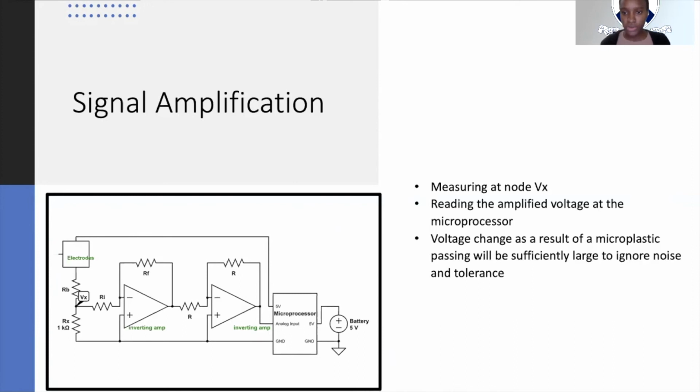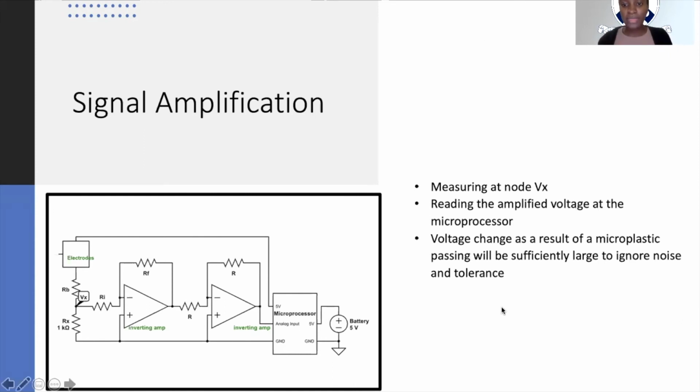One thing to note is that the voltage change that we're measuring at the electrodes is going to be large enough, at least in the range of 0.4 to 2.5 volts, such that using large resistors with high tolerances is not going to be a factor in us not being able to distinguish between the sizes, because the changes in resistance correspond to the sizes of the microplastics, which will be reported to our stakeholders, our researchers, the users.